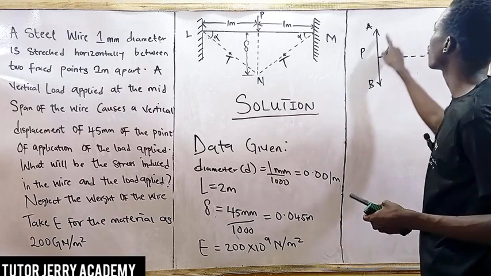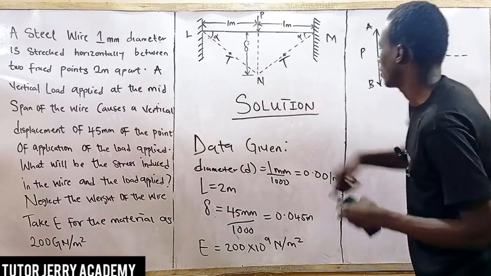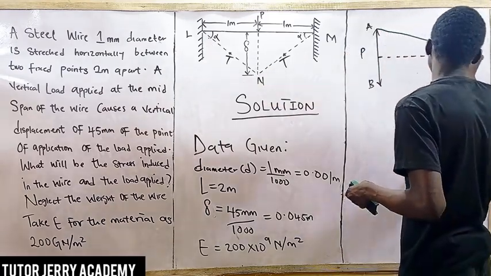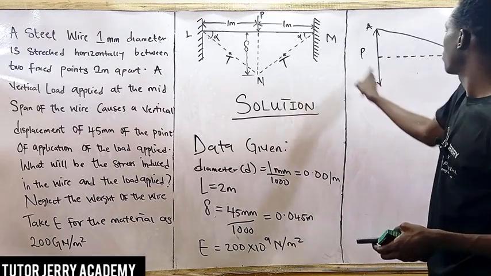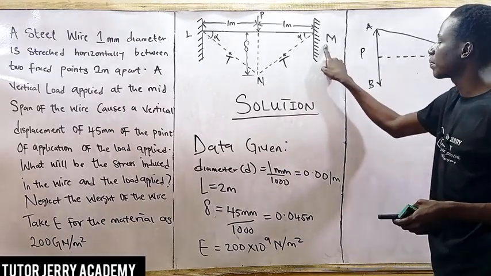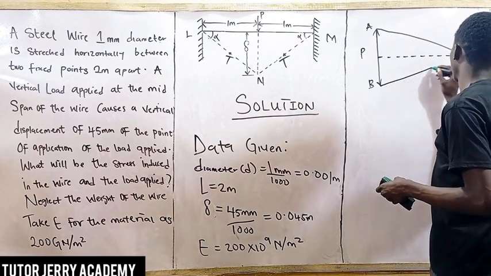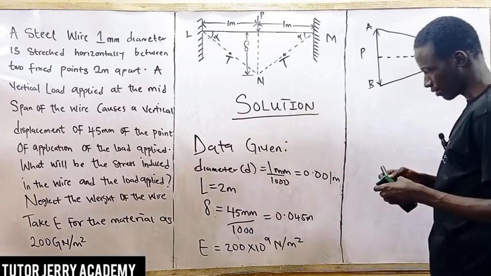Next, I'm going to be drawing from A a line parallel to LN. From B also, I'm going to be drawing a line parallel to MN. I can call the point where they meet to be C.